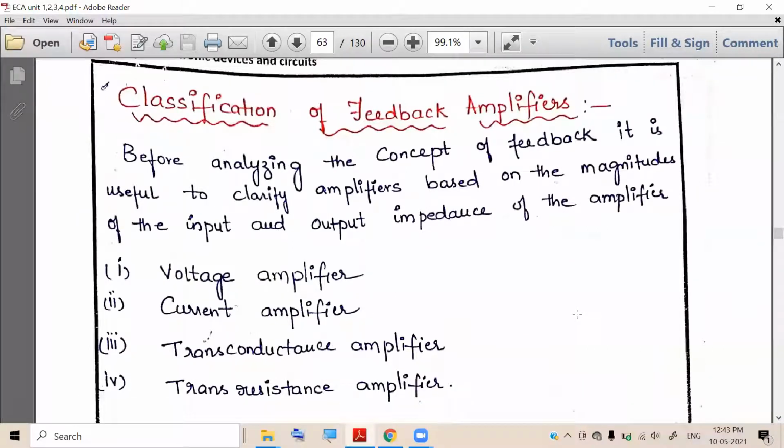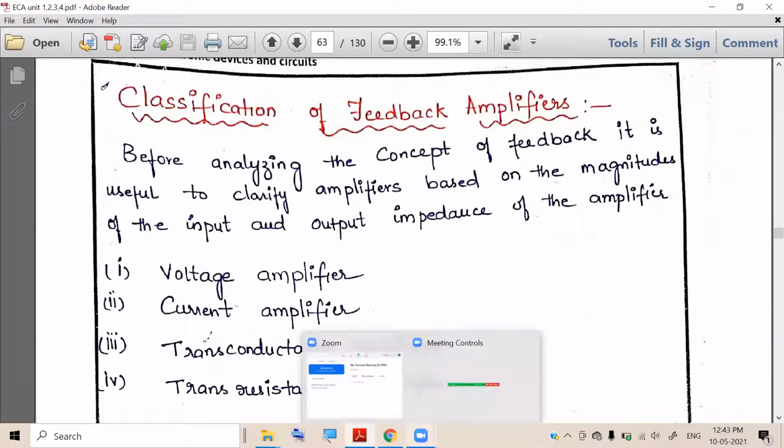Next, classification of feedback amplifiers. See, based on certain conditions, an amplifier is classified as voltage amplifier, current amplifier, transconductance amplifier, trans resistance amplifier. So what are those conditions?